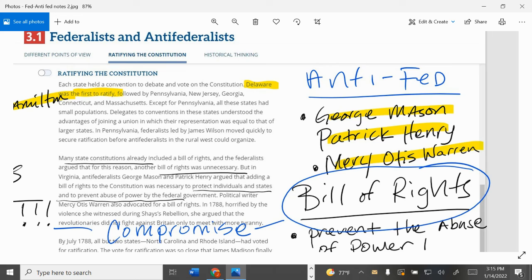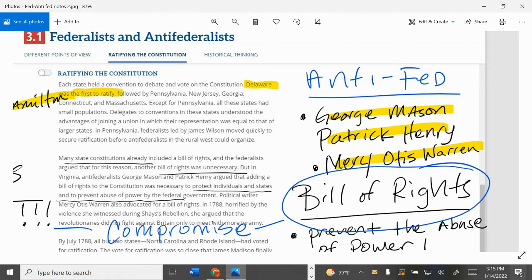The Anti-Federalists had really passionate people like George Mason, Patrick Henry, and a non-politician, a lady by the name of Mercy Otis Warren. She was a writer. I don't believe she was a delegate. She definitely wasn't a delegate because it was men only. But she certainly was an influential writer.